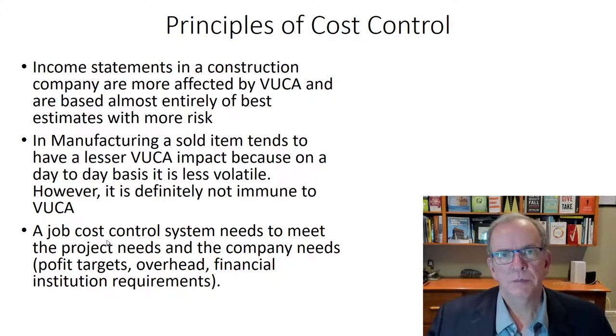Particularly, that's why I was mentioning the self-performing part of the work. When we talk about labor costs, that's particularly more variable, and it can be directly impacted by events like volatility, uncertainty, complexity, and ambiguity. Manufacturing tends to be less impacted because there's more of a steady stream of work.